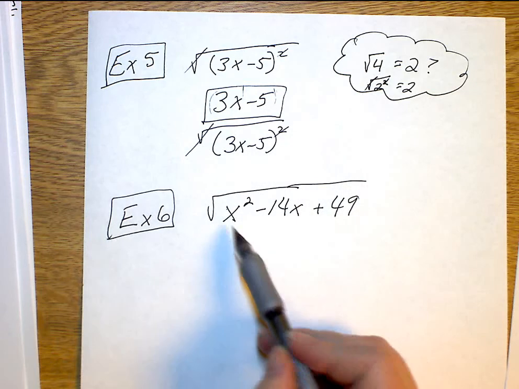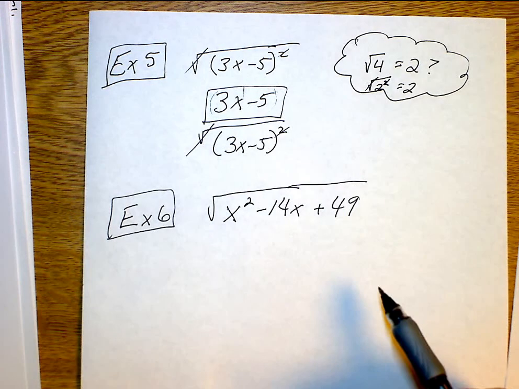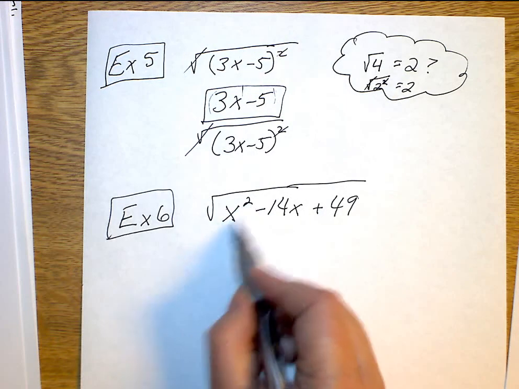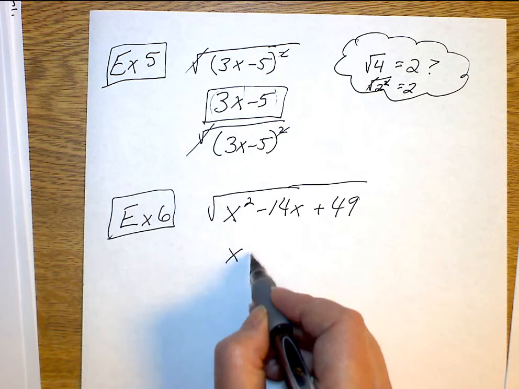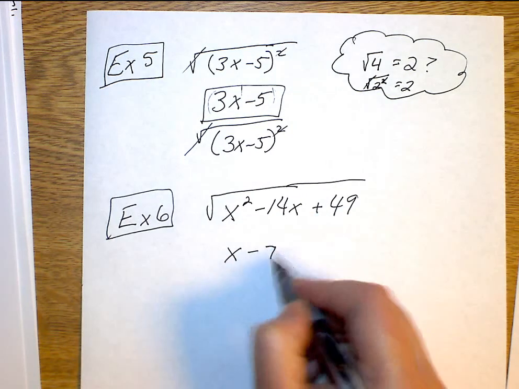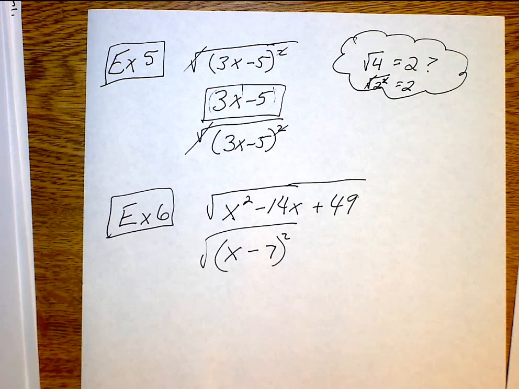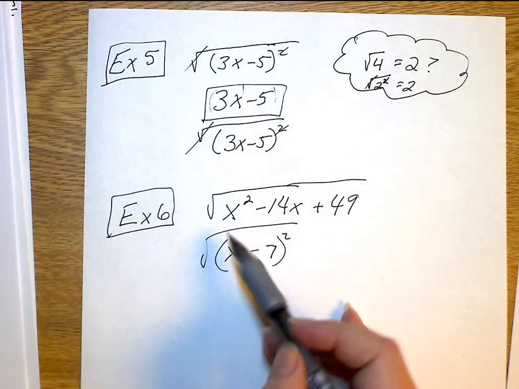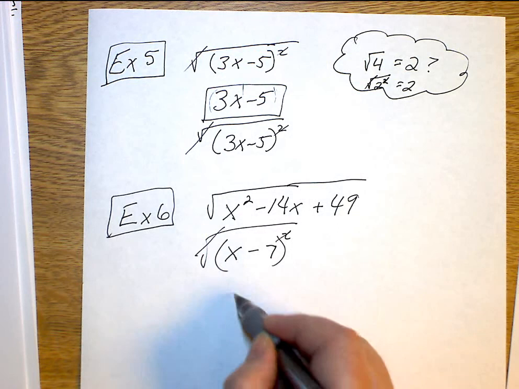Since we're doing square roots, underneath your square root is going to be perfects. So, you take the square root of the first, which is x. Same sign, negative. Square root of the last is 7. Now you can cancel this, can't we? X minus 7 is our answer.